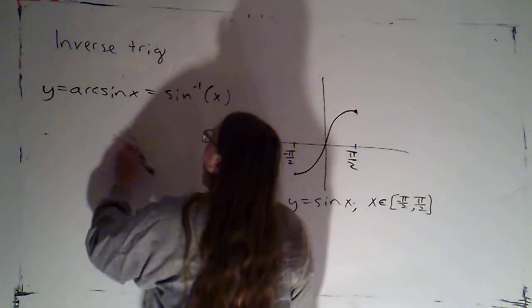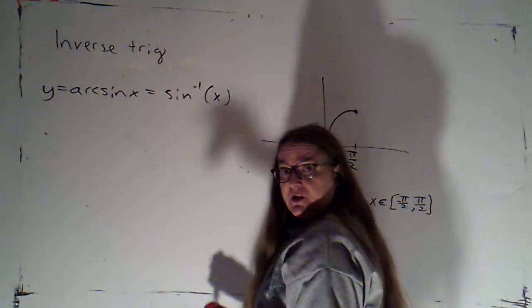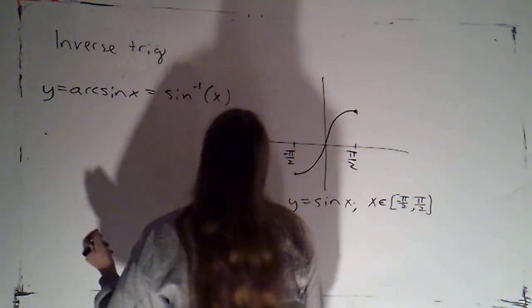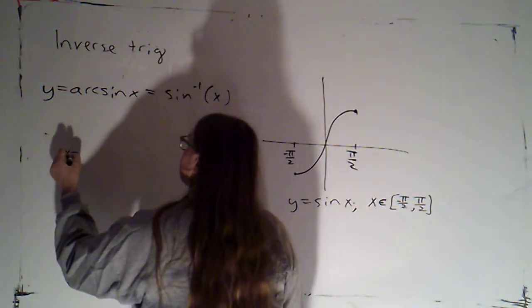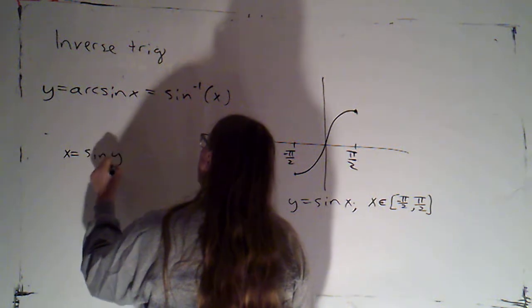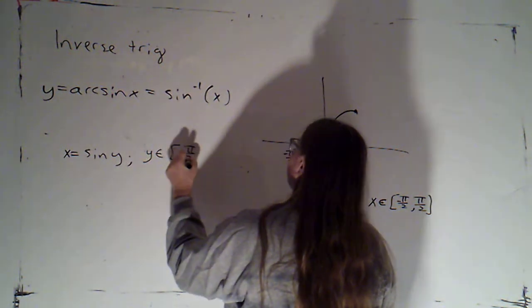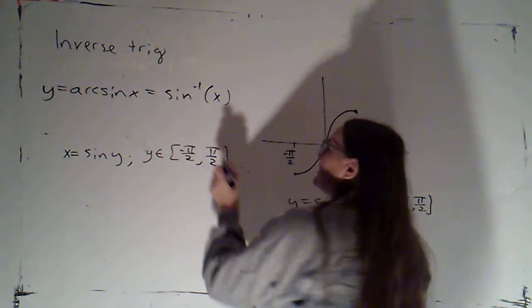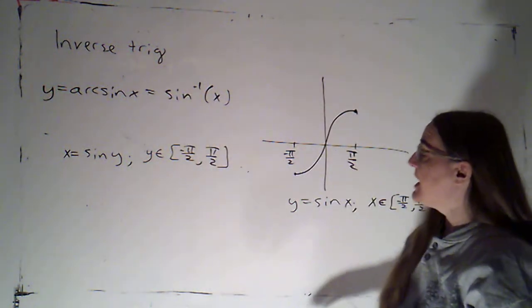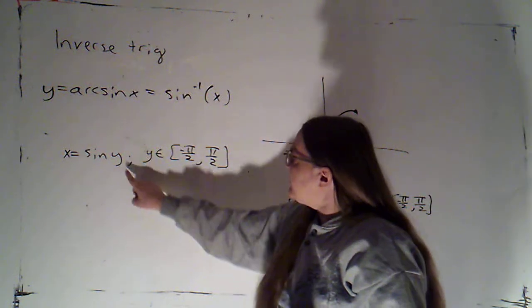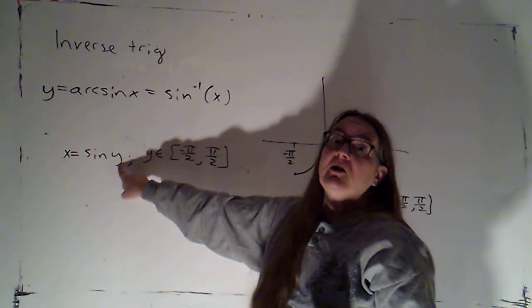Okay. I get the inverse function by reversing the roles of x and y. So this is going to become x equals sine y, and y is in the interval from negative pi over 2 to pi over 2. Okay. So what that's doing then is that makes y the angle.